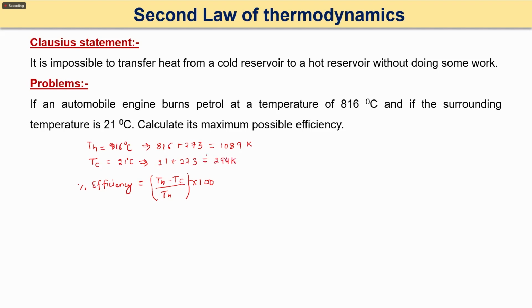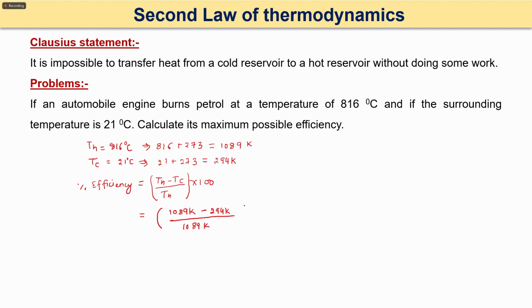Now we have converted these degrees Celsius into Kelvin, and we know TH and TC. So let us just put these values in this equation. Here TH is your 1089 Kelvin minus your TC, which was 294 Kelvin, and again dividing it by TH, which is 1089 Kelvin.